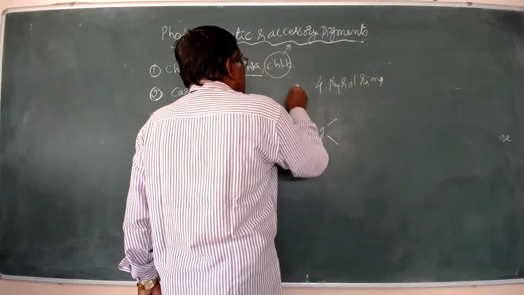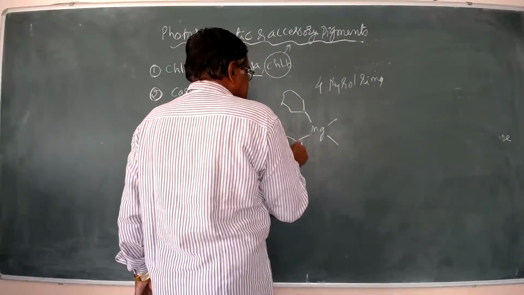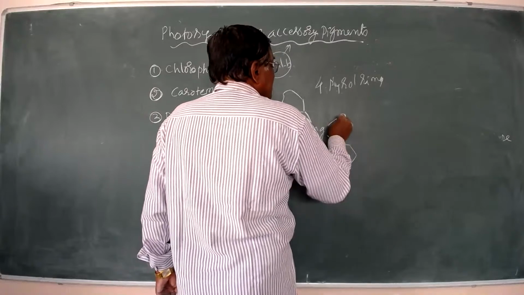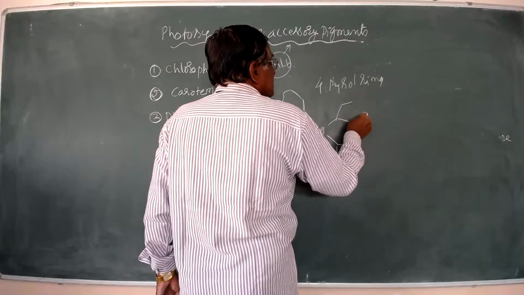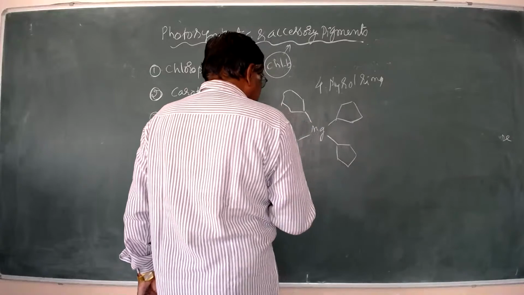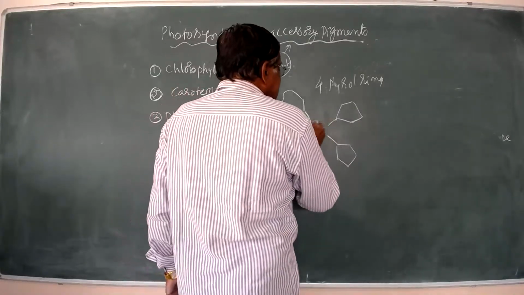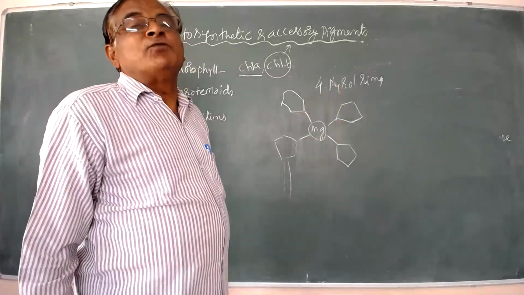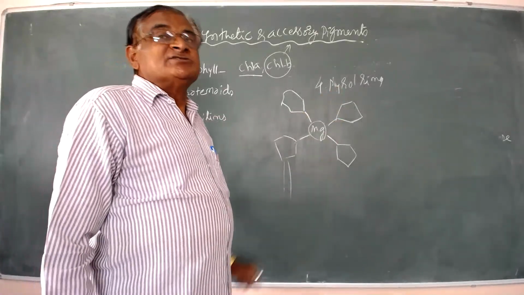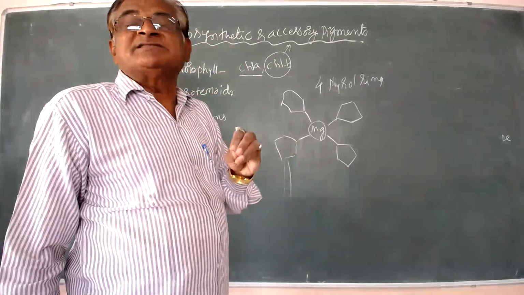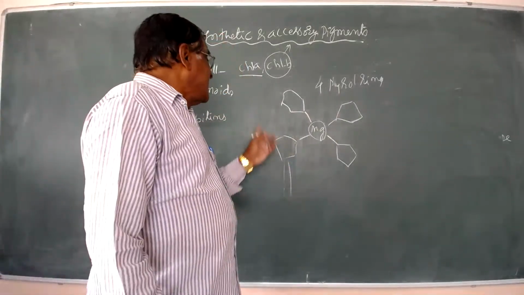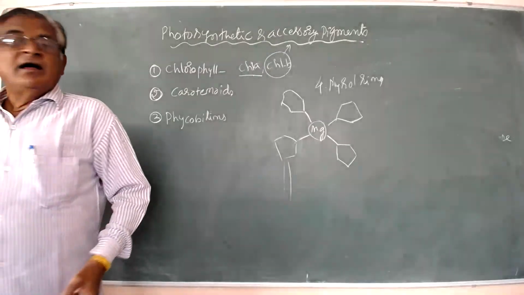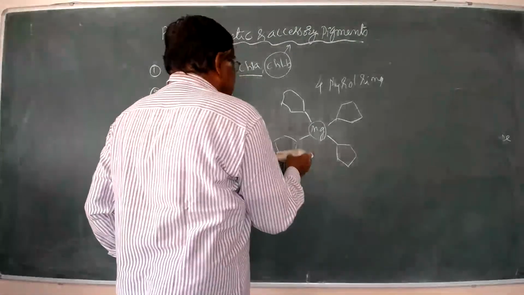So you will find the 4 rings and the tail. This is the structure of the chlorophyll pigment, present in the plastid that we call the chloroplast. And also chlorophyll B has one hydroxyl group, and these are accessory pigments.